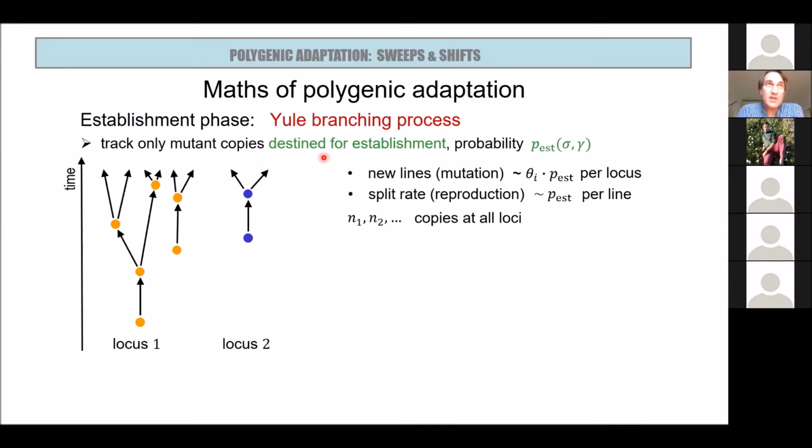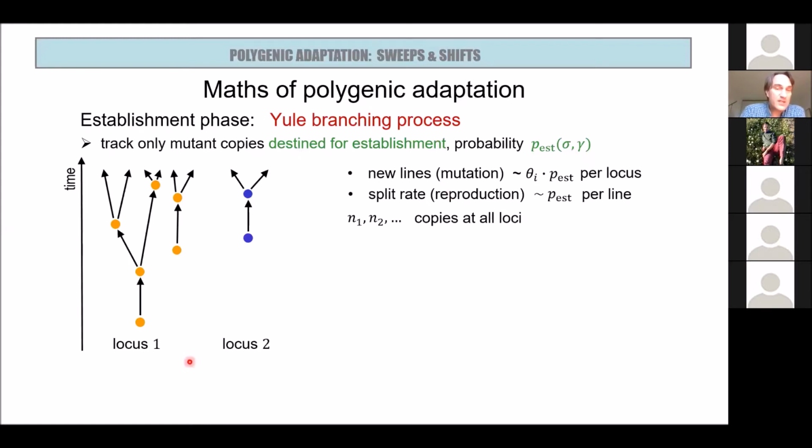When a new mutant copy arises, we initially determine whether this will get lost again due to drift, or whether selection will overcome drift and it will get established. And we focus only on those that do get established. They get established with a probability PS, the establishment probability, right?